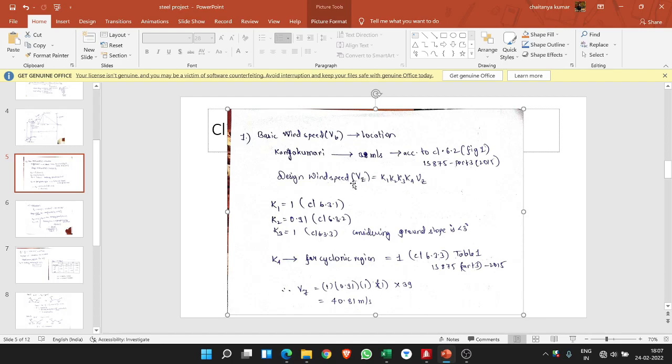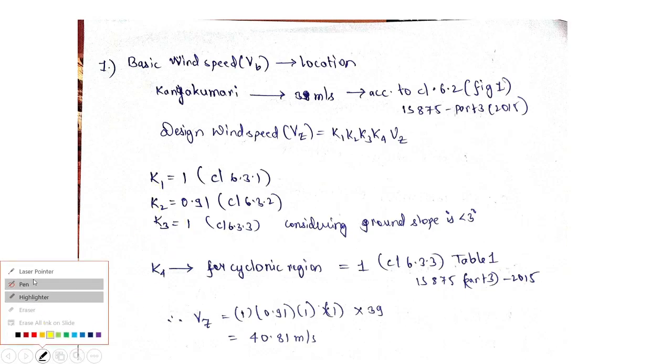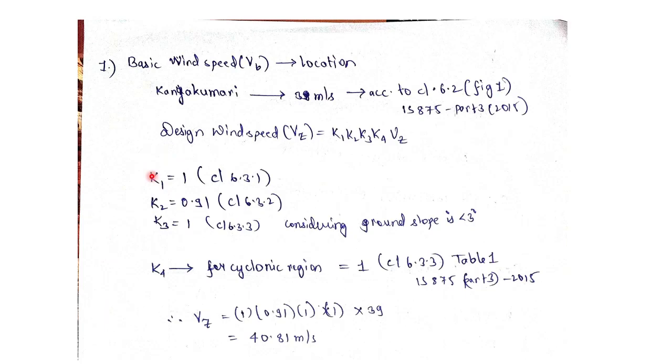Now the design wind speed Vz is nothing but some factors multiplied by Vb. If you want to know what these factors are, you can directly go to the clauses. But the first three factors K1, K2 and K3 are the same for everyone.